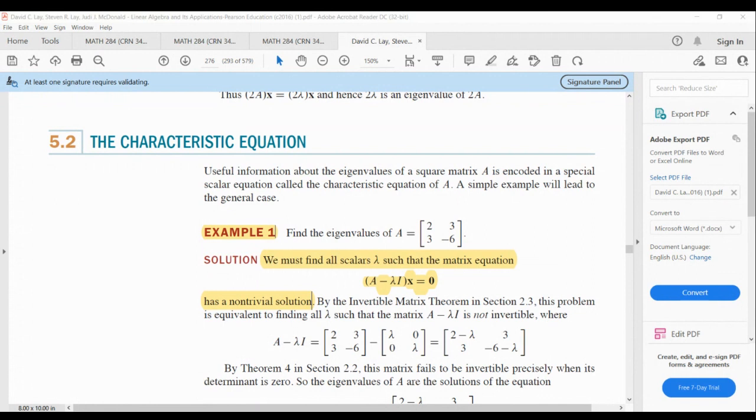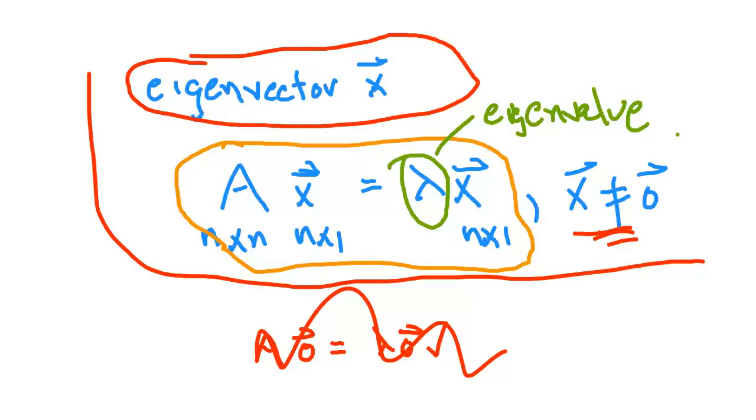Okay, well now let's go back to the whiteboard here and remind ourselves where that comes from.